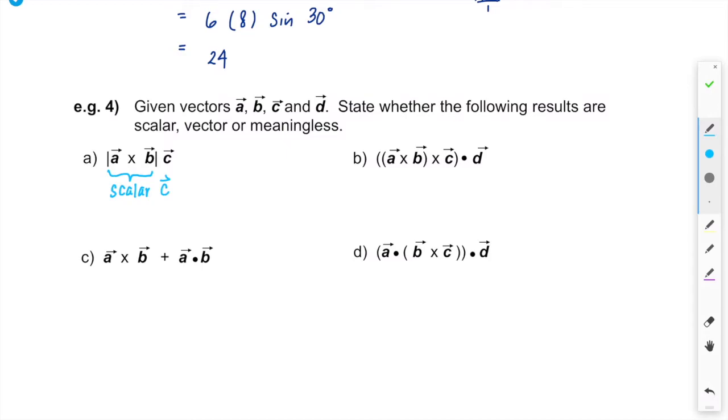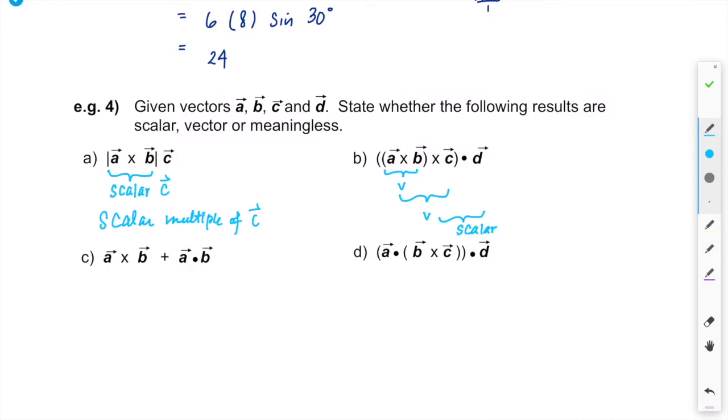So this gives us a scalar multiple of C, okay, which is meaningful. B, we have A cross B, a vector, vector cross C, a vector, and then vector dot vector D, dot product is scalar, okay?